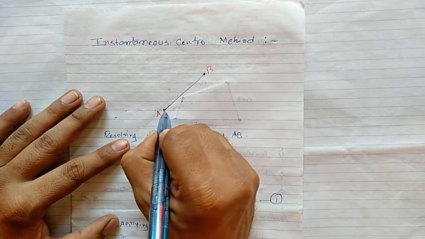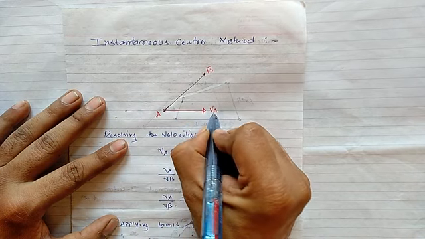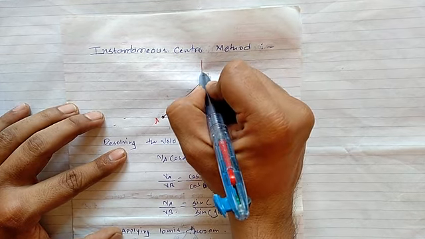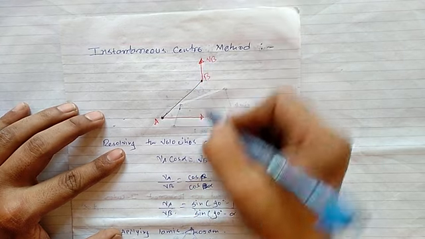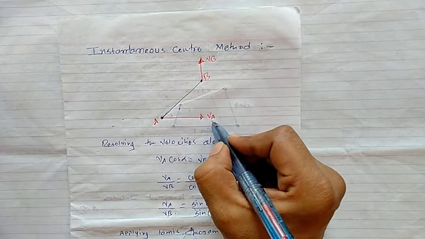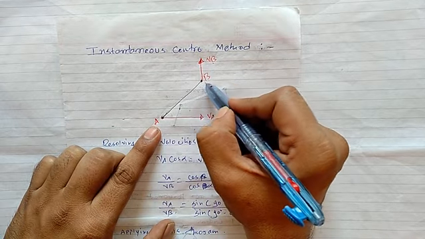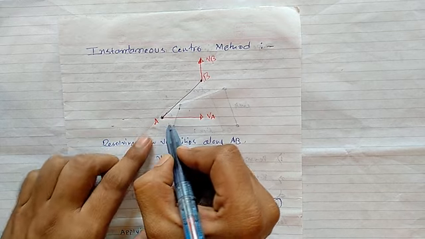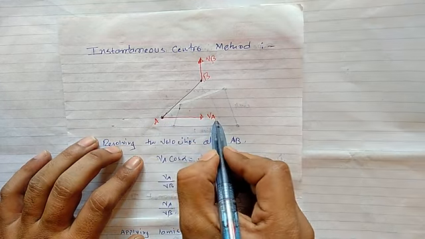At the initial position I show here VA, and from point B I show here VB. What is VA? VA is the linear velocity at point A, and VB is the linear velocity at point B. Initially we should know the direction of velocity at point A, moving in this direction.